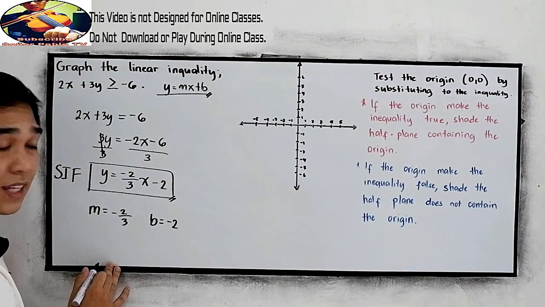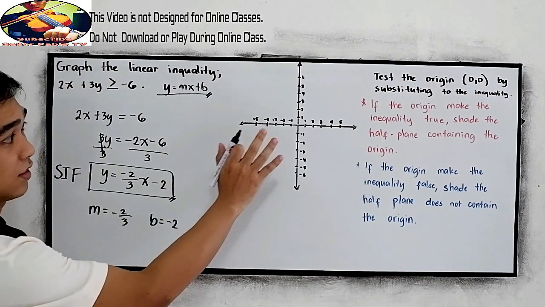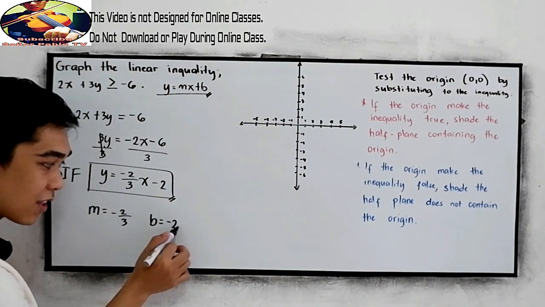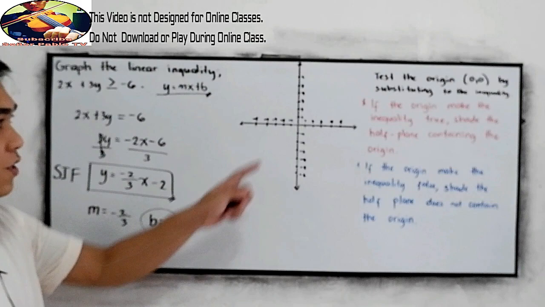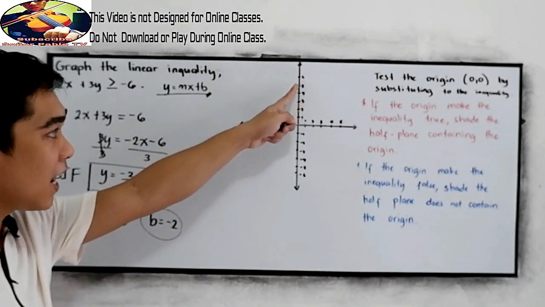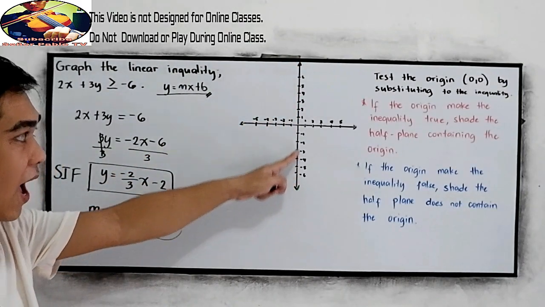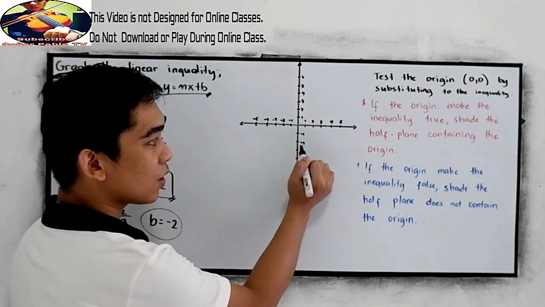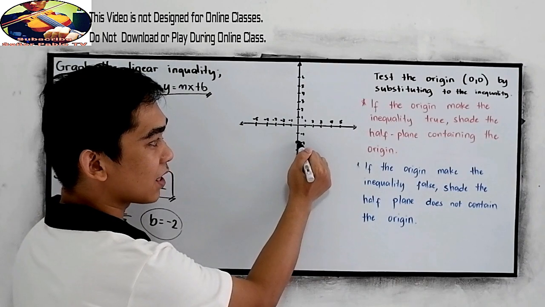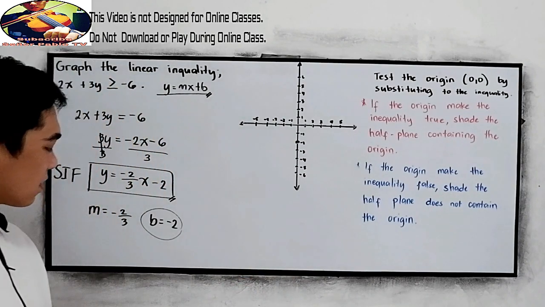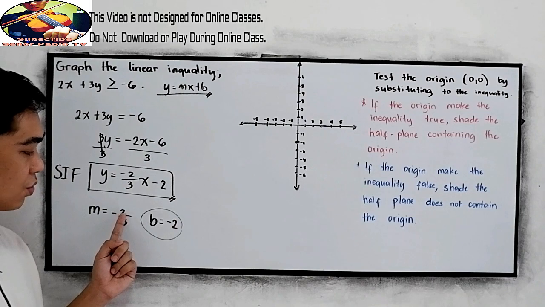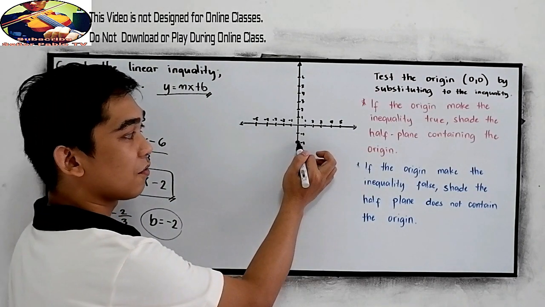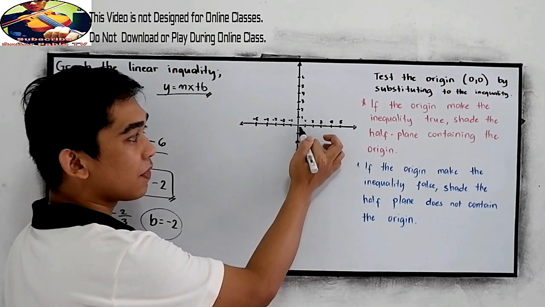Now let us locate in our Cartesian plane. So first, locate the y-intercept. From the vertical line or the y-axis, find negative 2. So negative 1, negative 2. The point is located here. Next, the slope is negative 2 over 3. So rise from the y-intercept, rise 1, 2.